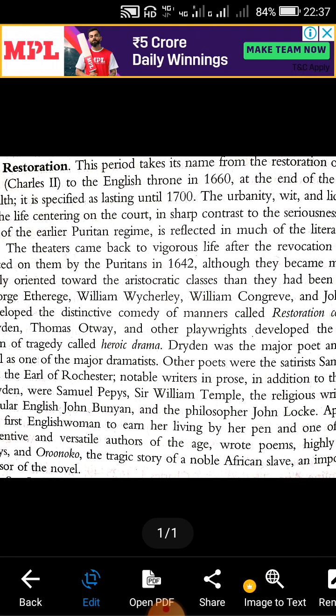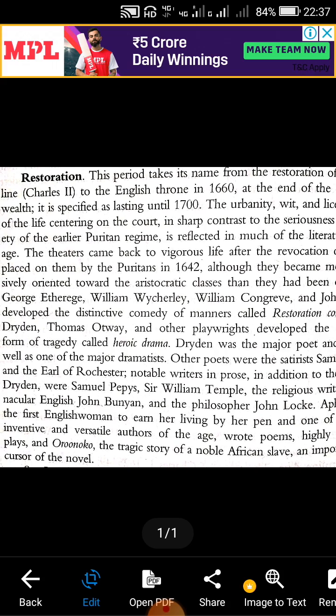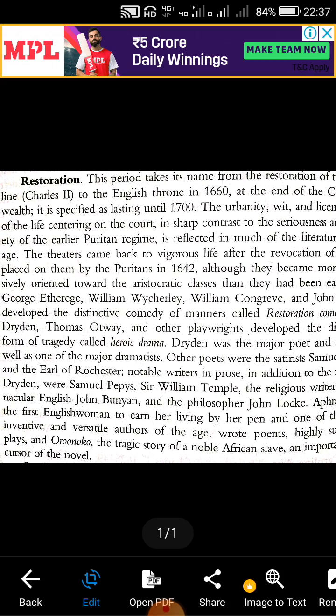Then begins the Renaissance period, which starts with the year of 1500 and runs till 1660. It is divided into sub-periods: the Elizabethan period, the Jacobean period, the Caroline period, and the Commonwealth period.